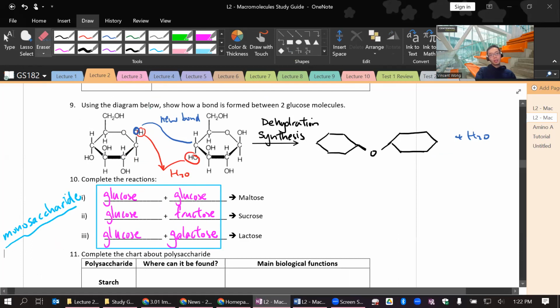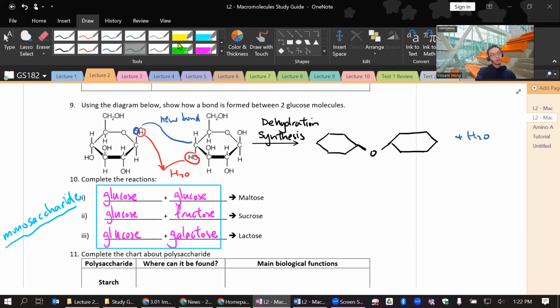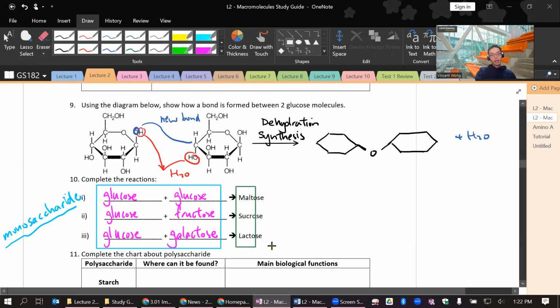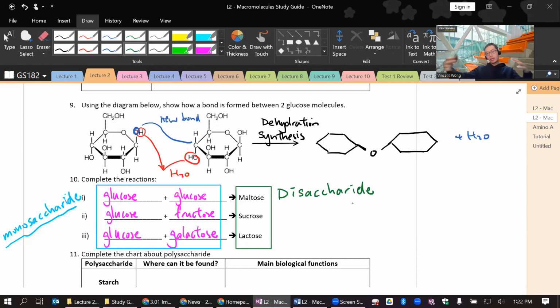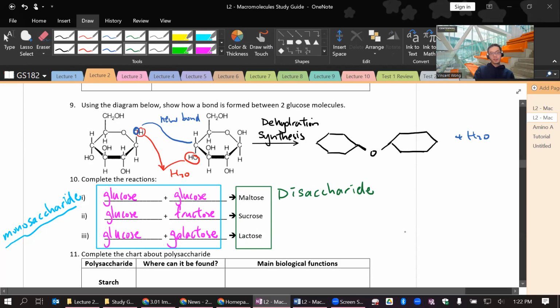And when you combine the monosaccharides together in various combinations, you end up having these double sugars that are linked together, and we call these disaccharide, double sugar. And you can repeat this process. You can keep on adding more glucose if you want, and eventually you will end up with a very long chain, and we would call that chain a polysaccharide.